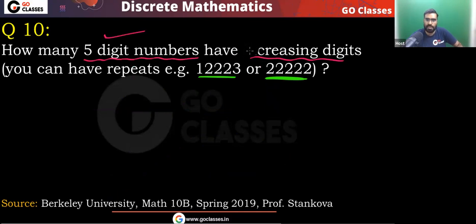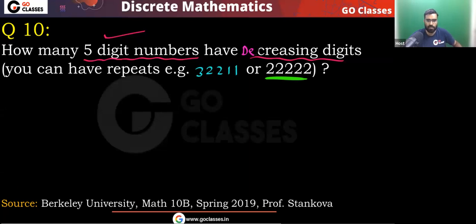If I ask you decreasing, then what will be the answer? If I ask you decreasing, for example, something like this. Now can you use 0? Simple question I am asking.